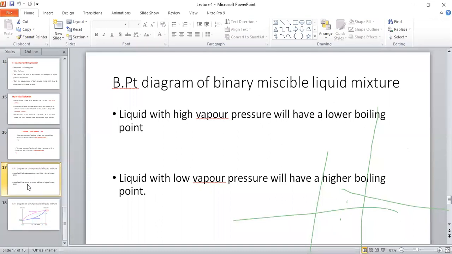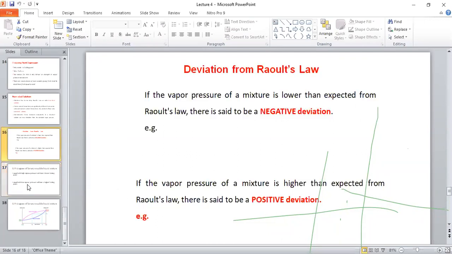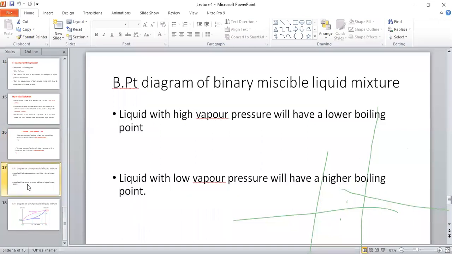Note that liquids with high vapor pressure will have a lower boiling point. Also note that liquids with low vapor pressure will have a higher boiling point. I hope you have not forgotten the negative deviations, when vapor pressure is lower than expected, and the positive deviations from Raoult's law, when the vapor pressure is higher than expected.